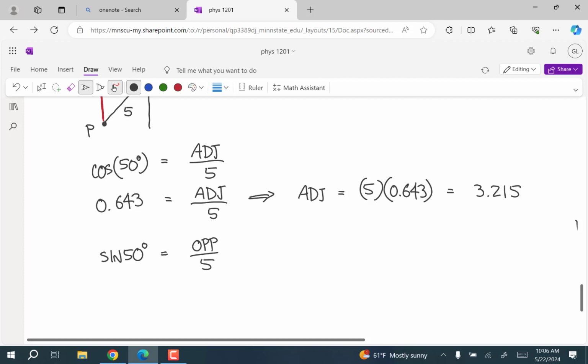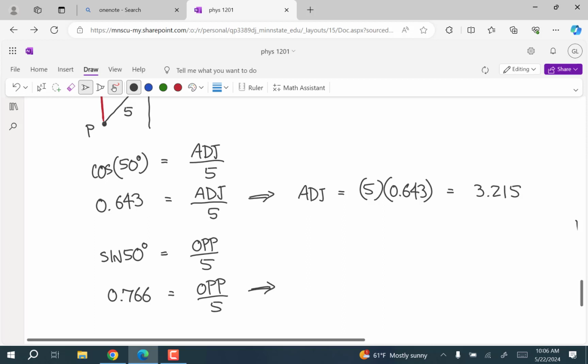And so if you plug sine of 50 into your calculator, you get 0.766. That's equal to the opposite over 5.